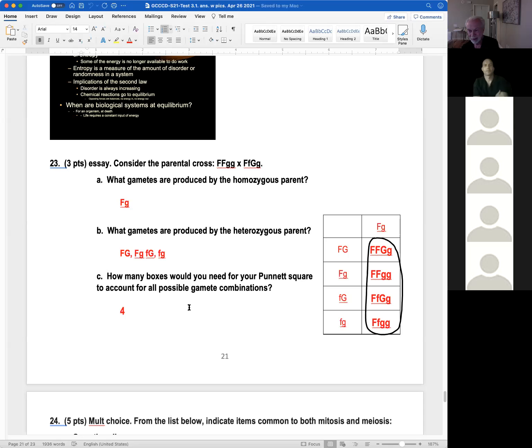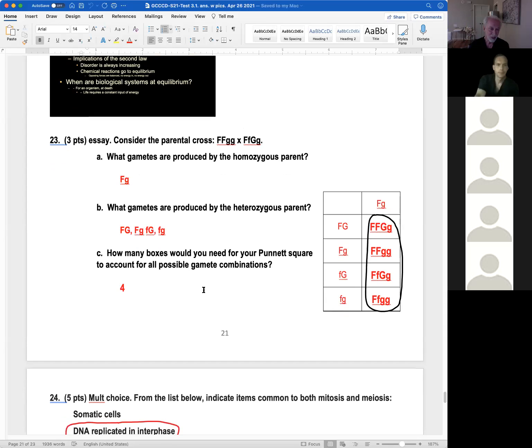Okay, it's good to think about these questions and ponder them, because Mendelian inheritance is a good mental exercise.